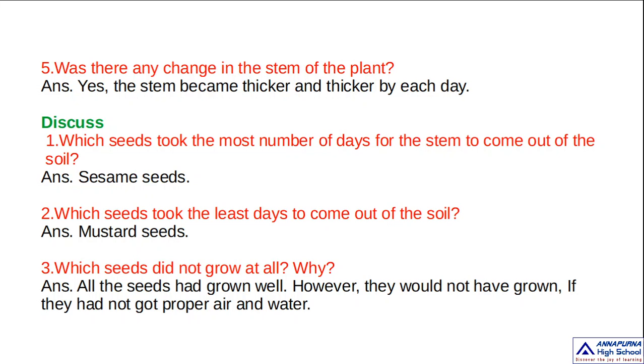However, they would not have grown if they had not got proper air and water. So all the seeds will germinate. When a seed is not germinated, it didn't get proper air and water. So that is the answer.